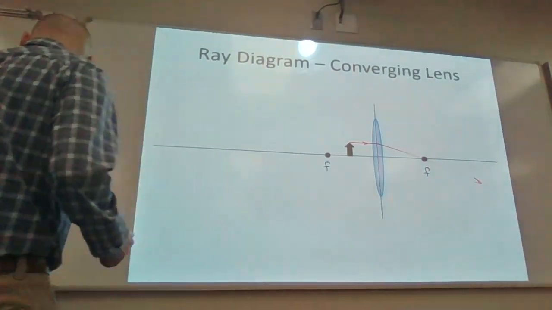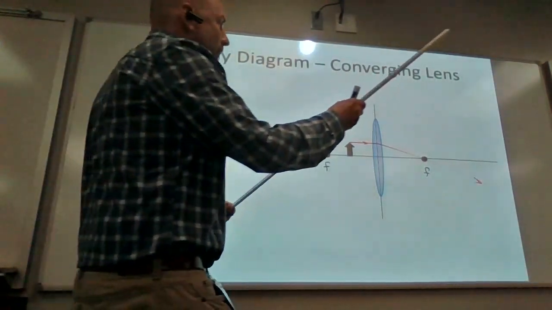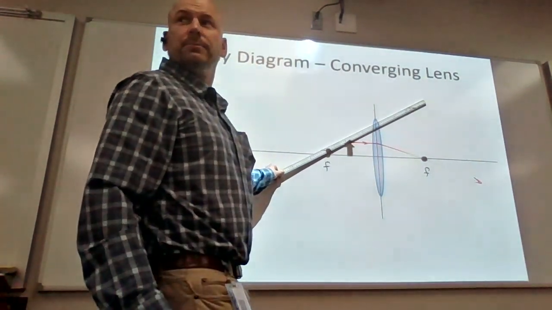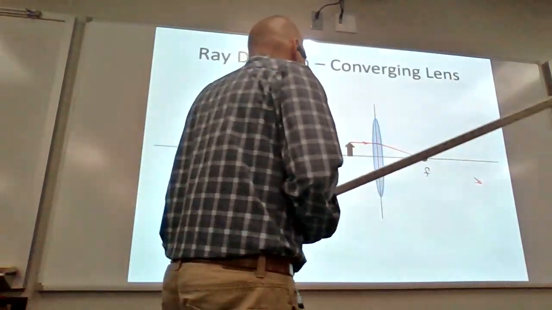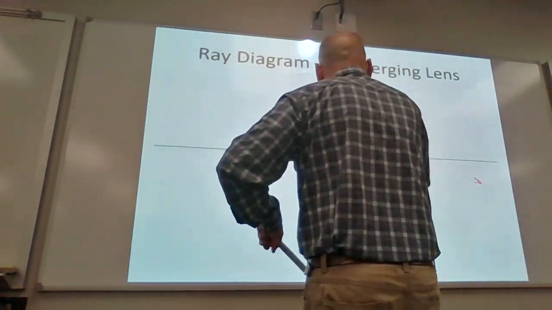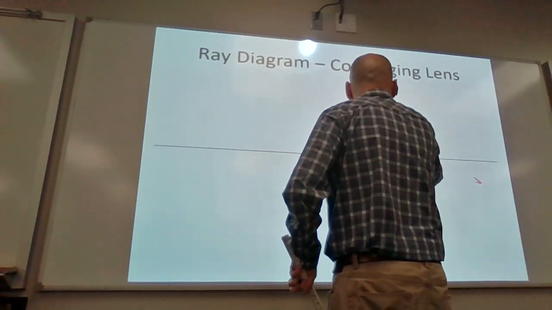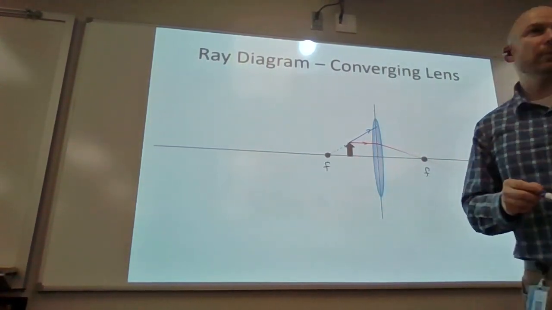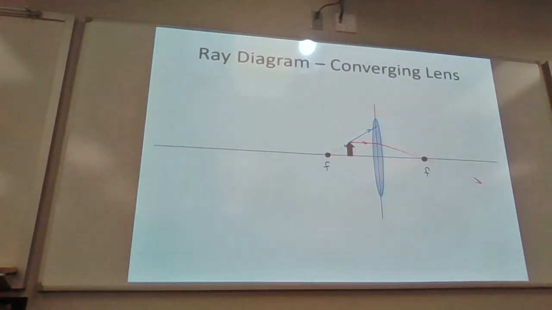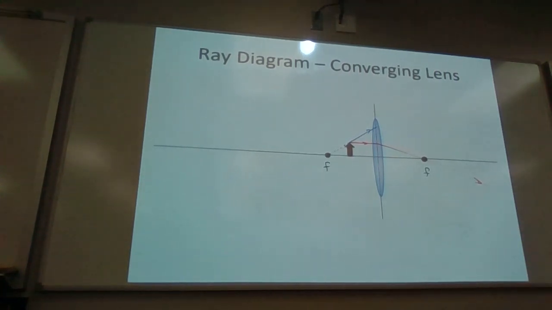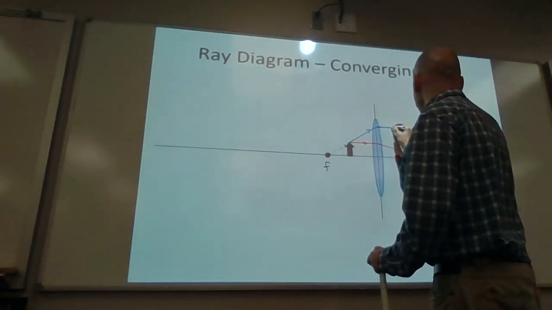So I don't know if you remember doing this with the mirrors, but what we're going to do is connect the focal point and the top of the object, and then we project it, as if it came through the near focal point. And then how's that going to refract? It's going to refract parallel to the principal axis.